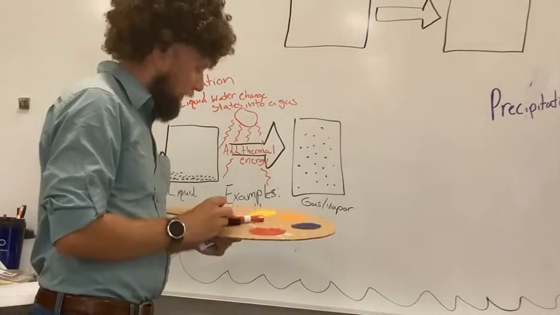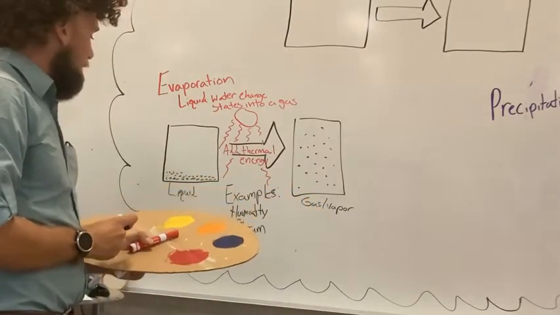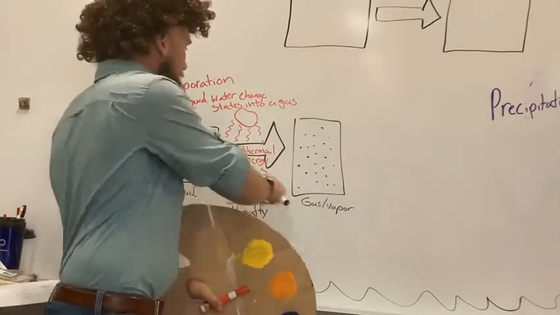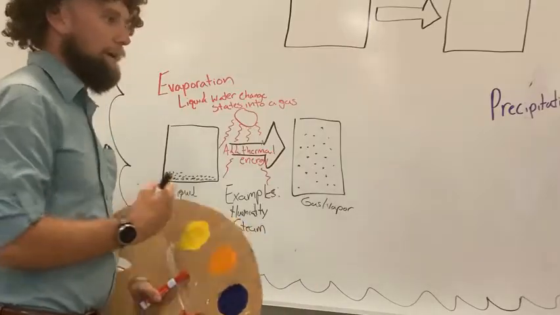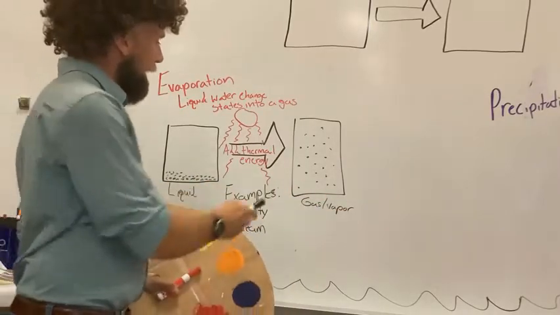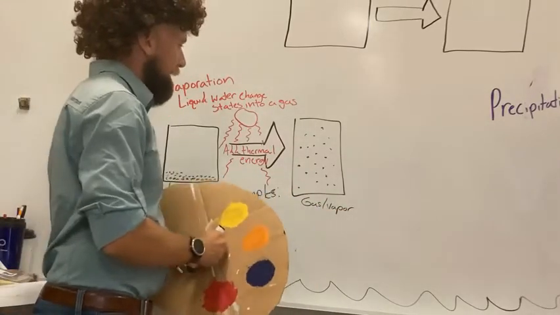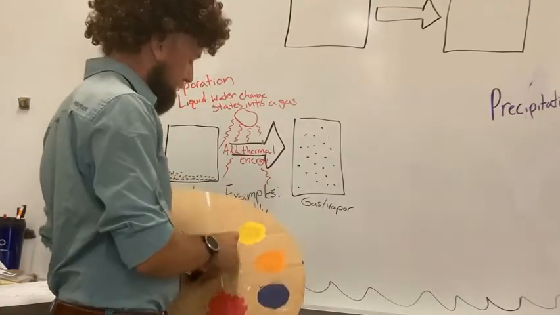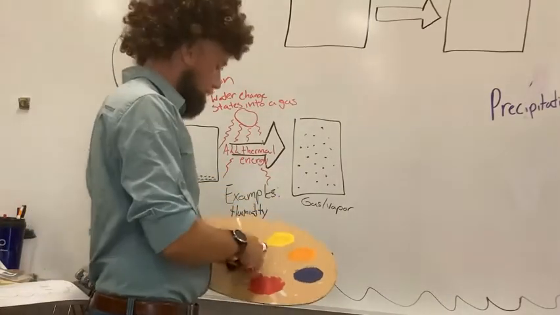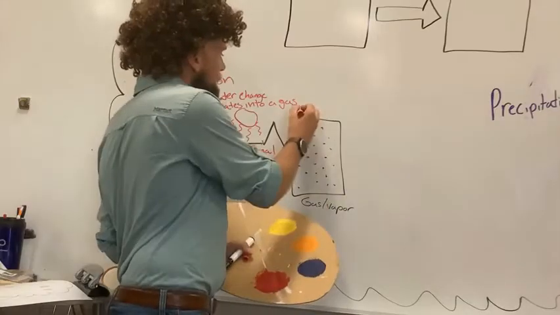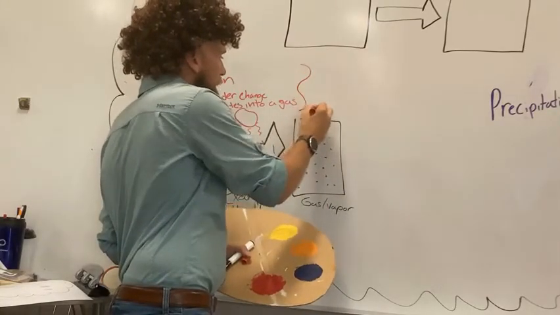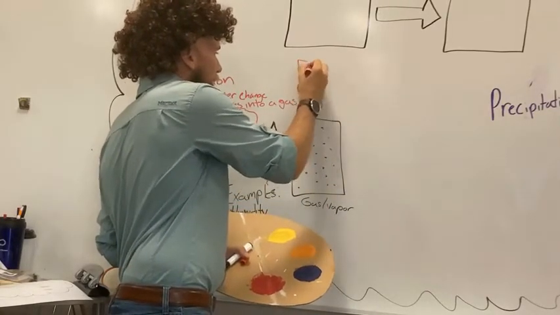Now, the fun thing here is that as I'm going from that liquid to gas, we talked about that word density before. So as it turns into this gas vapor, it is going to become less dense. And I think I'm even going to use some red here. I'm going to draw in some arrows pointing up.